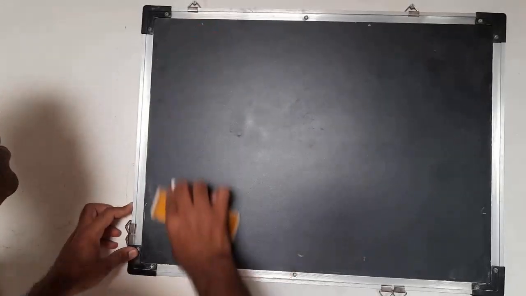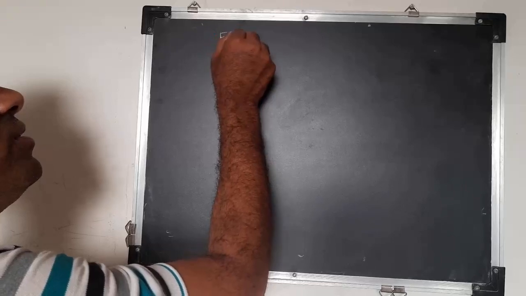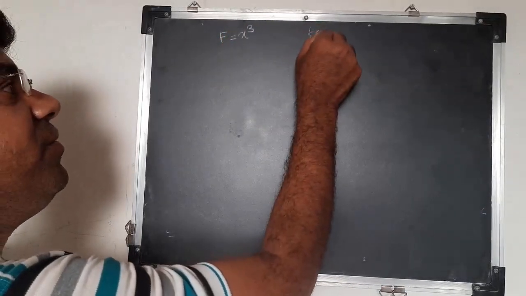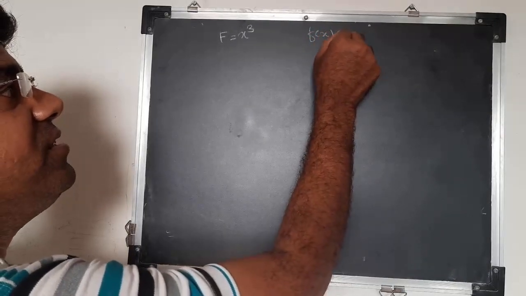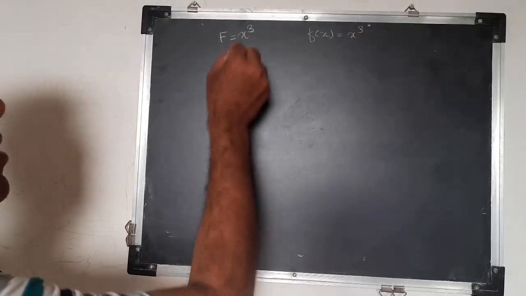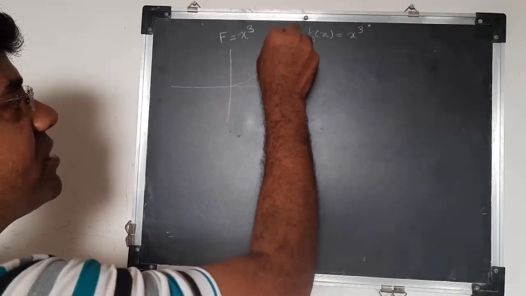Suppose you have one function, x cube. Means f of x is a function of x cube. Now I will plot a graph for x cube. It goes just like this.